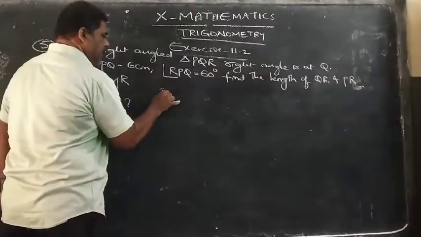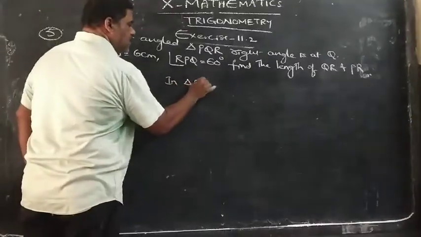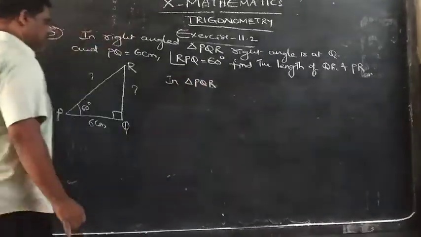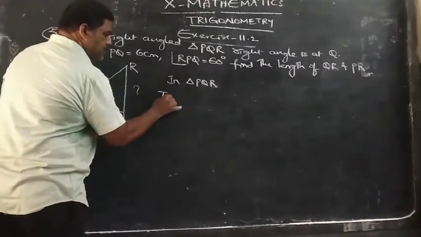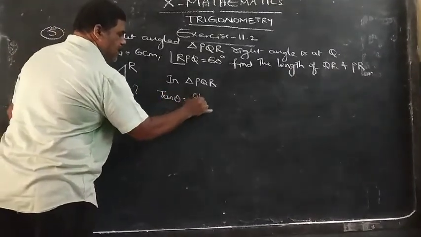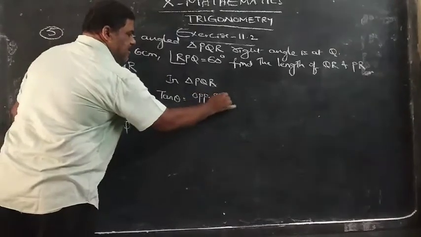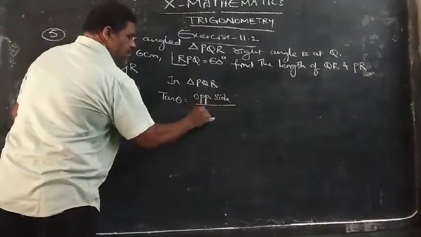So in right angle triangle PQR, let us apply tan theta formula. Tan theta formula is opposite side by adjacent side.